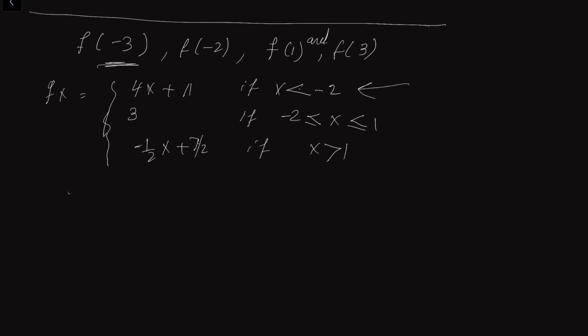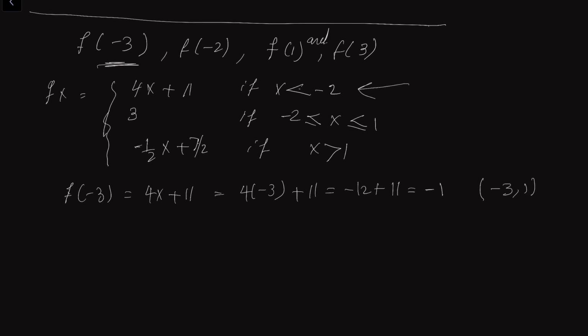So we're going to say f at -3 equals 4x plus 11, and then equals 4 times -3 plus 11, which is equal to -12 plus 11, which is equal to -1. So my first point is -3 and -1.